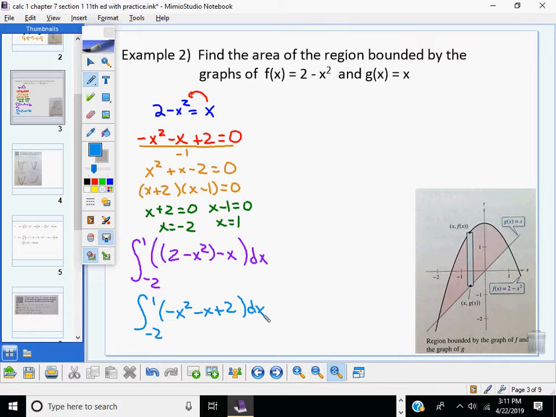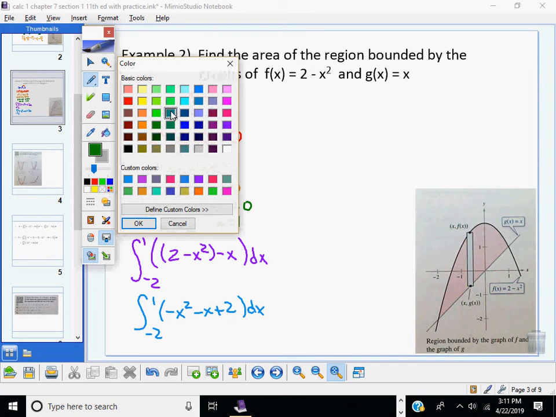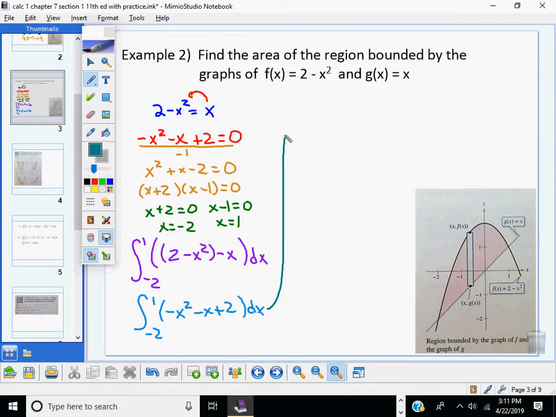So now we're ready to integrate. Let's get a different color. So let's go up here and let's integrate this. A negative x squared, when I add 1 to that, I get 3. So I'm going to have negative 1/3 times x cubed. Then I have a negative x to the first power.